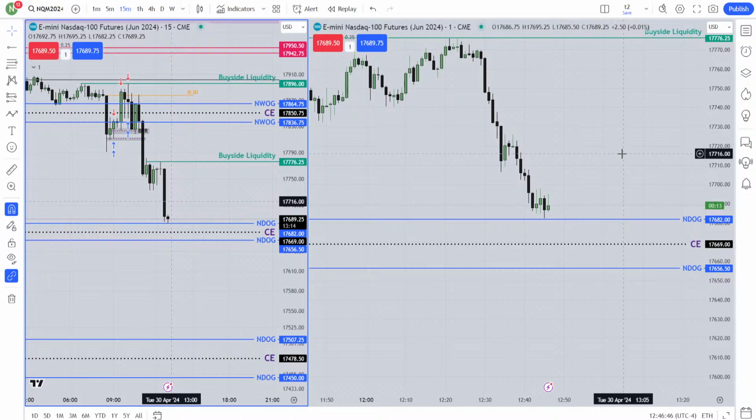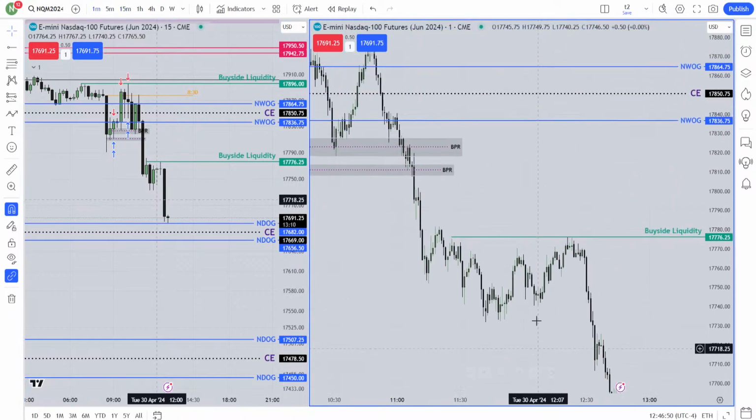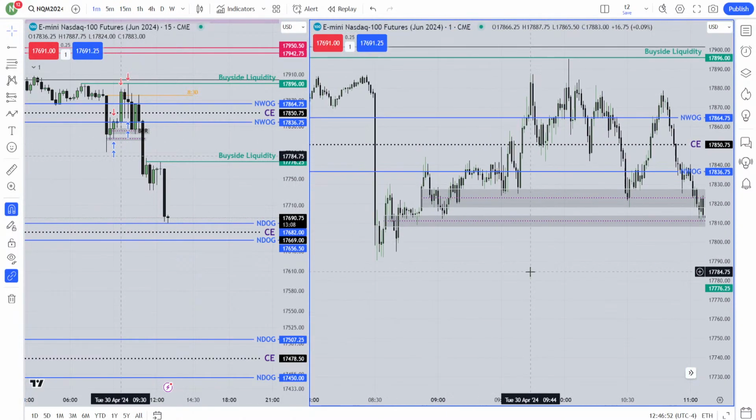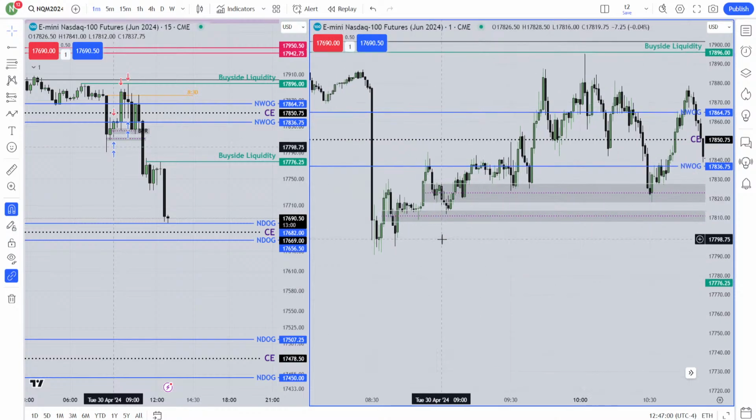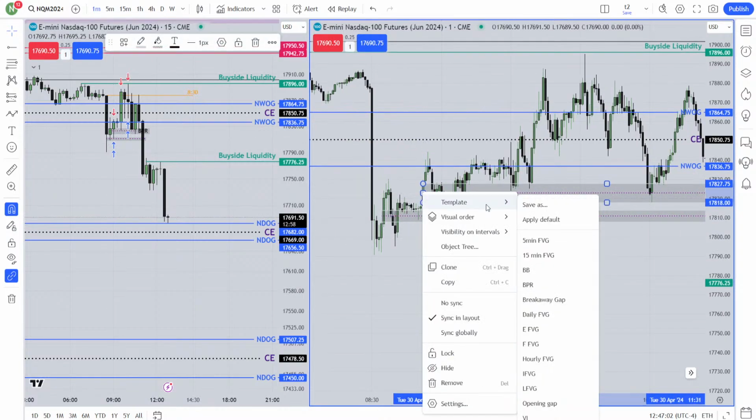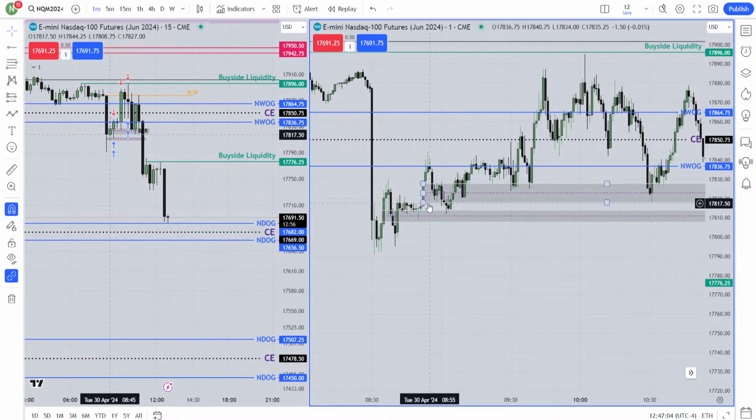I am sorry to waste your time, brother, but I thought that it's important to talk about the price action, how to read the price, how to feel the price, how to get the precise price action. So this is how I find out whether the market is precise or not. Is the market working with the fair value gap, or with the order block or breaker block or something else?